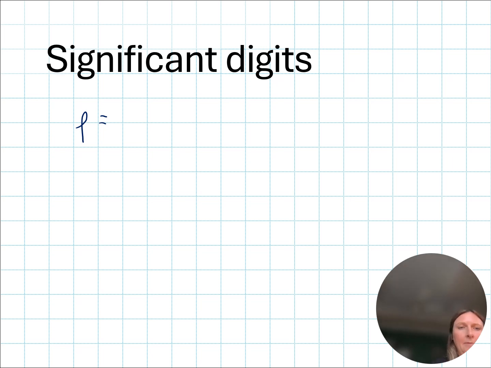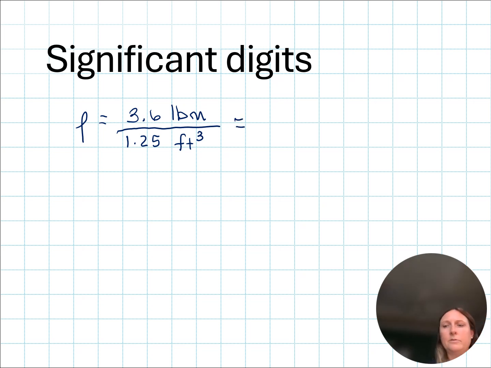Let's say I use my mass balance and I record a mass of 3.6 pounds of mass, and then I record the volume of my fluid to 3 significant digits, 1.25 cubic feet. And so then my answer is going to be 2.88, which has 3 significant digits in it.